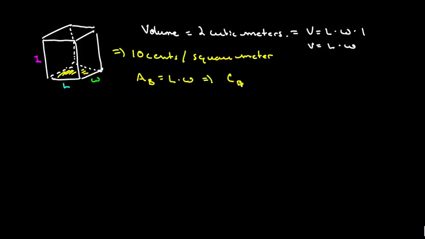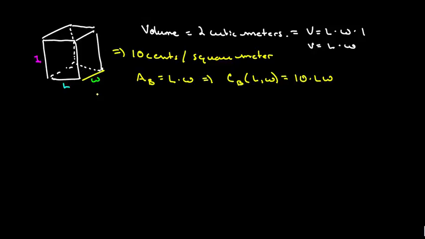The cost of the bottom as a function of L and W is equal to 10 cents times L times W. This is the cost of this yellow area that I just shaded in.